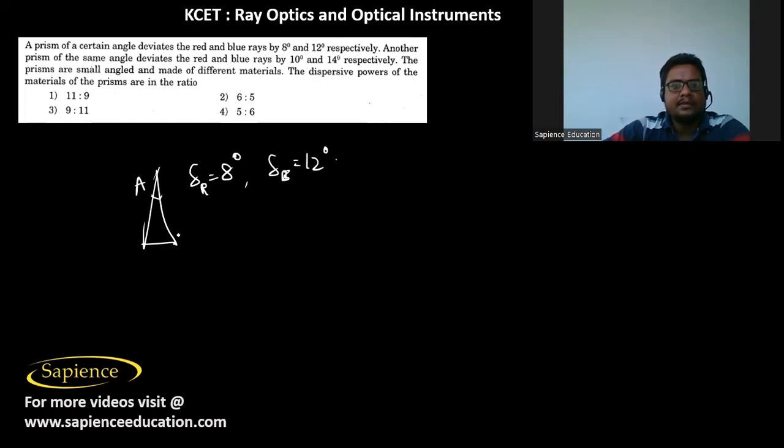It is told the prisms are small angled and made of different materials. So here the refractive index is mu1, and here it is different. It means the refractive index for the yellow color will be the same for both.